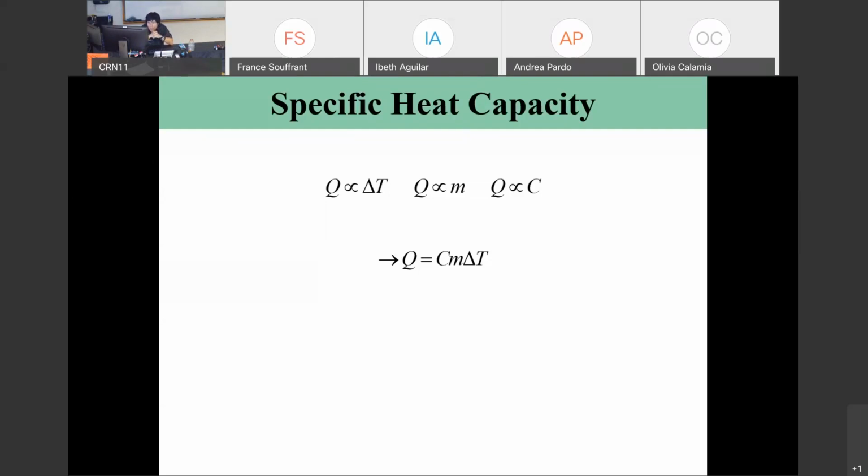At the end of the day, the equation is what matters, and I don't want you to understand heat as just that equation that depends on the change in temperature or the mass or what that value of C means, which is the specific heat capacity.